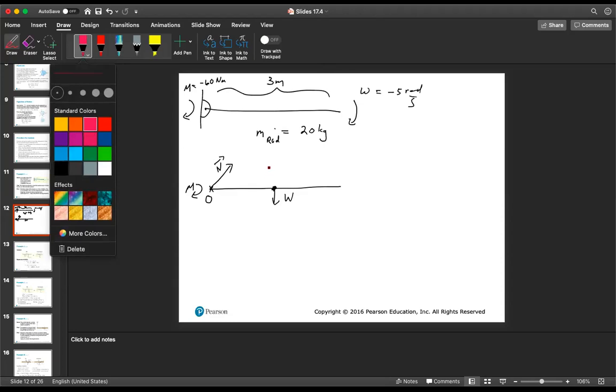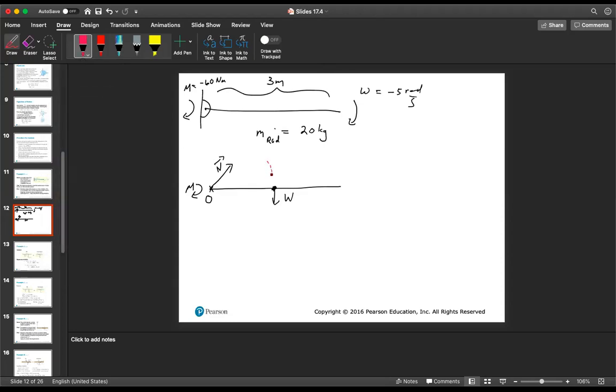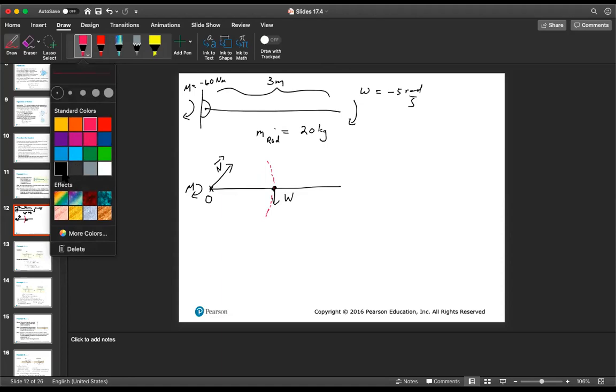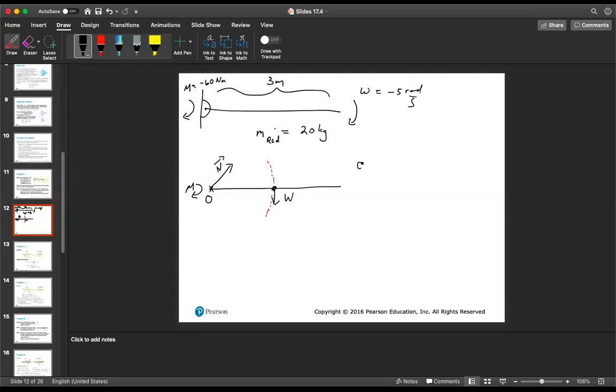And therefore, I know the radial component, or I guess we're calling it the normal direction, is going to be the centripetal piece, which is going to be the radius times omega squared.